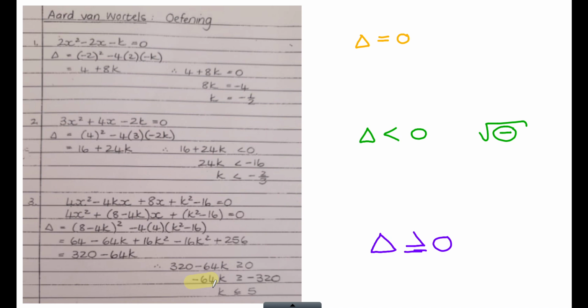And what happens when we divide or multiply with a negative number? Your sign switches, nee? Met ander woorde, die teken was groter en gelyk, nou is dit kleiner en gelyk aan. Okay, so oppas vir dit. En as jy vergeet het, maak vir jou 'n notaatjie, dat jy nie weer daai selfde fout maak nie.